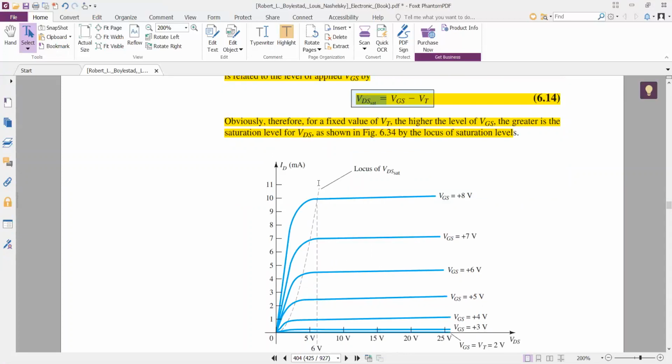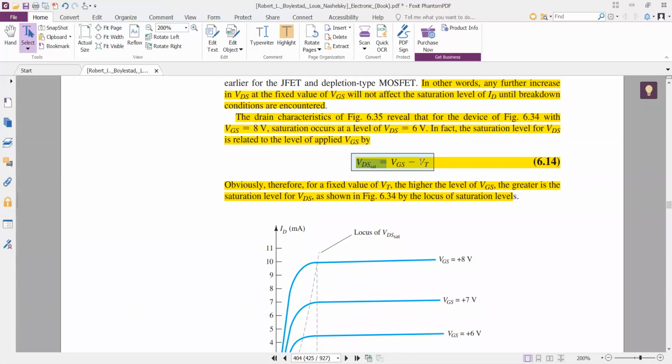Saturation voltage is equal to VGS minus VT.